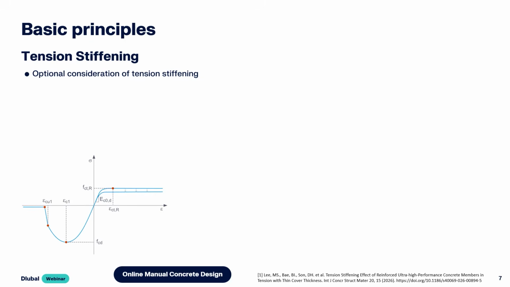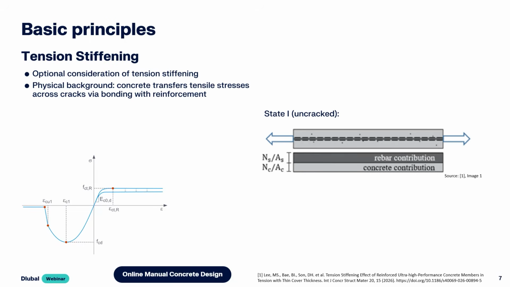Another important point is tension stiffening. This means accounting for the contribution of the reinforcement in reinforced concrete. On the stiffness side, this can also be accounted for in RFEM 6. Tension stiffening addresses the behavior in the cracked state. In the uncracked state, as you see here, the reinforcement and the concrete both contribute, according to their respective stiffness.